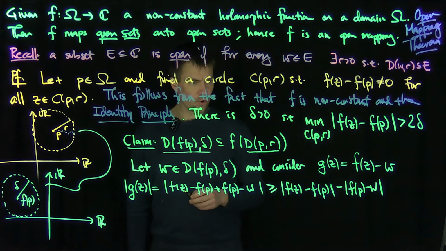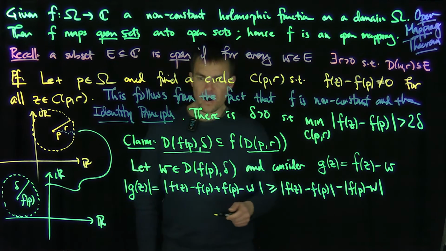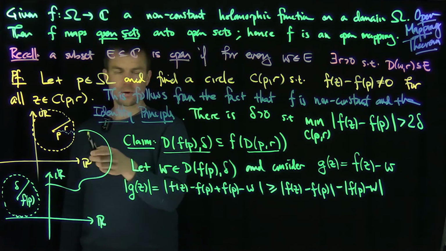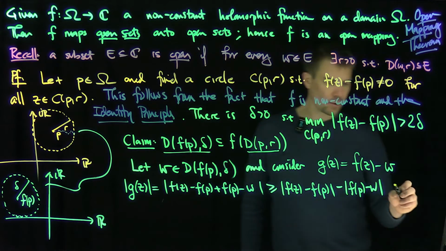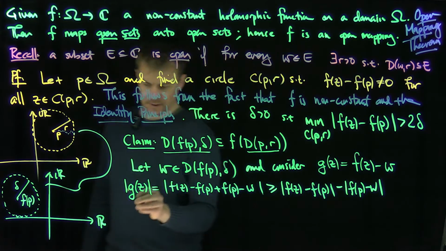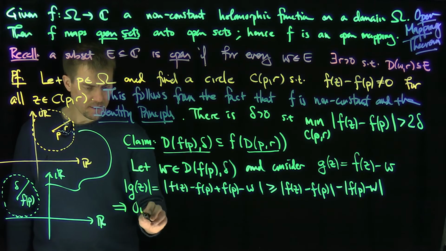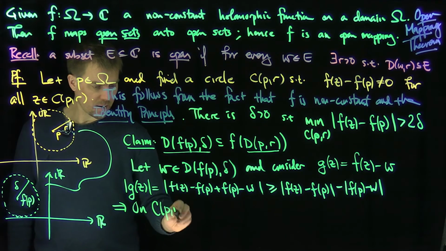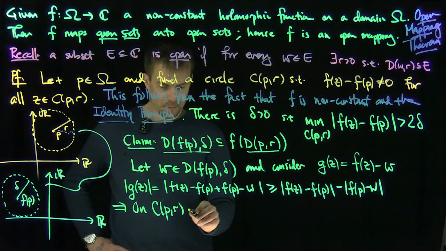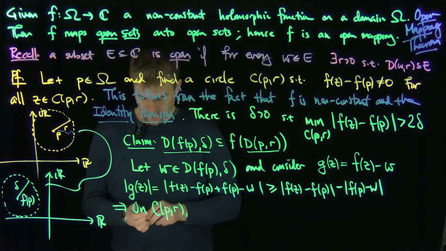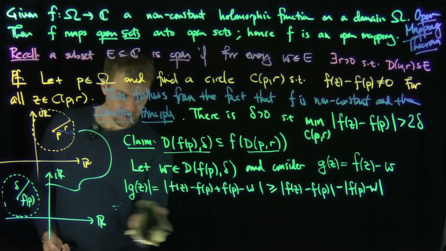And so now if we assume that z is where? I'm going to assume that z is on this circle, C(p, r). It's not a hard idea.